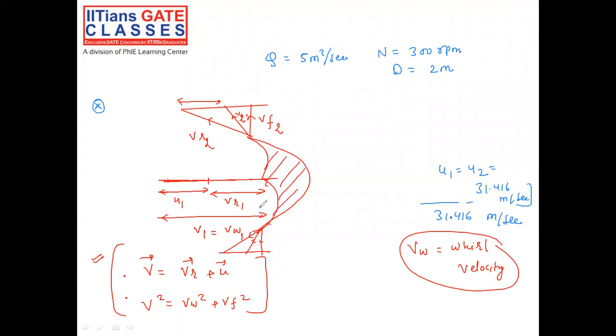Now, they have given the angle, something like this. They have given this angle 165 degree. So what about this angle? 15 degree. This 15 degree we also call the blade outlet angle.